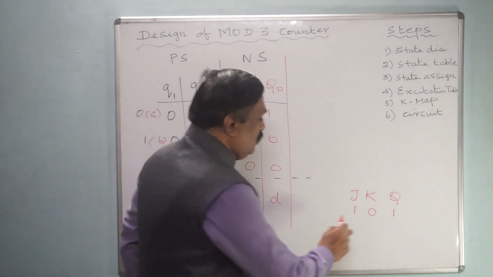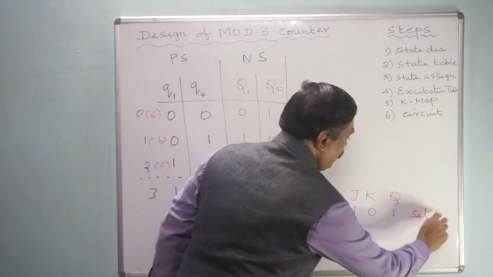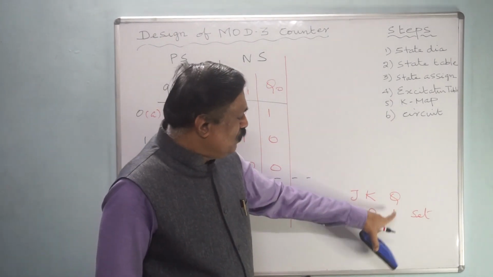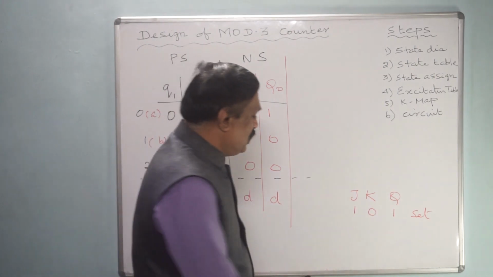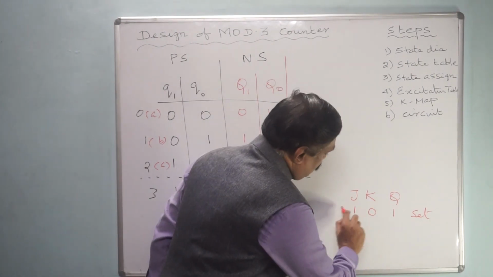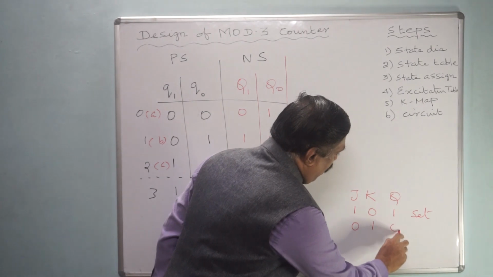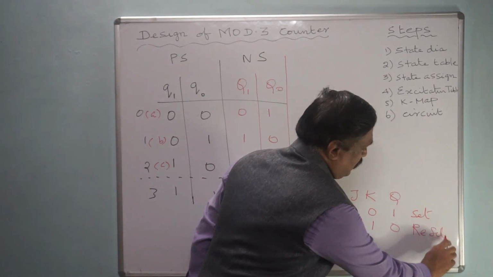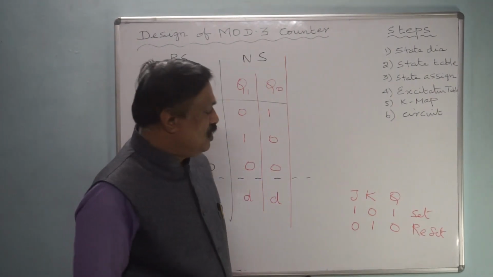This is the set condition: if you give J equal to 1, K equal to 0, Q will be 1. If you give J 0, K 1, output will be 0, which is the reset condition.